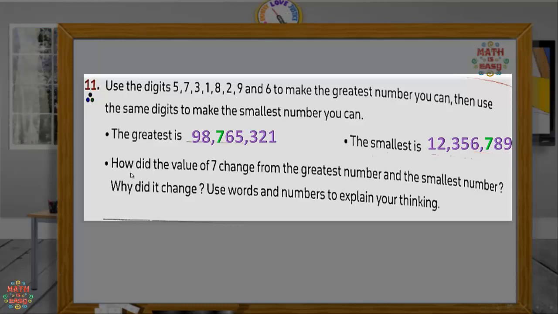Here he asks you, how did the value of 7 change from the greatest number to the smallest number? In the greatest number, here we have 7 in the 100,000 thousands place, and here we have 7 in the hundreds place. Is the value of the digit 7 equal? No, not equal. So why did it change? Use words and numbers to explain your thinking.